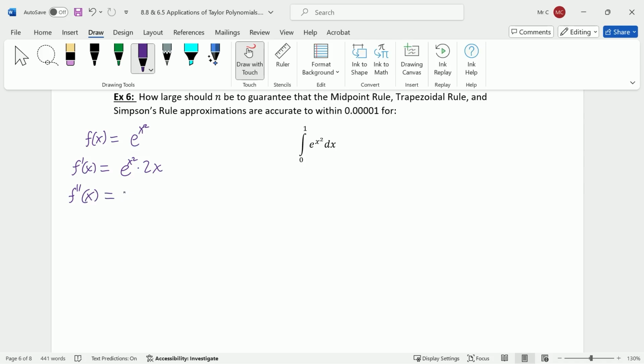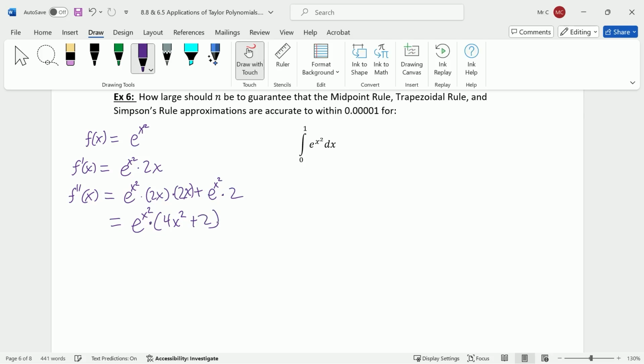The derivative of e to the x squared is e to the x squared times 2x, times 2x, plus e to the x squared times the derivative of 2x, which is 2. Okay, and then I can factor out the e to the x squared, and I get 4x squared plus 2.